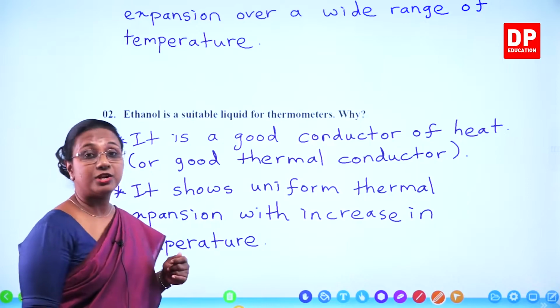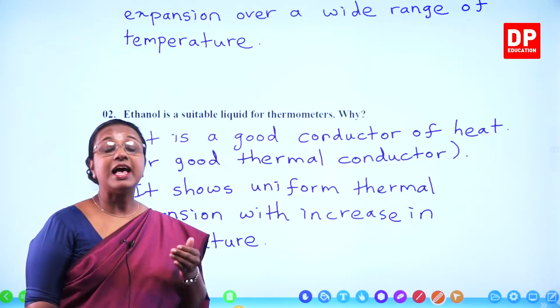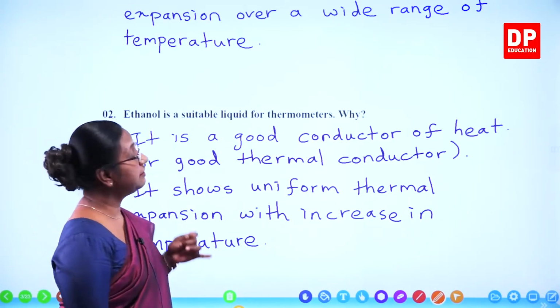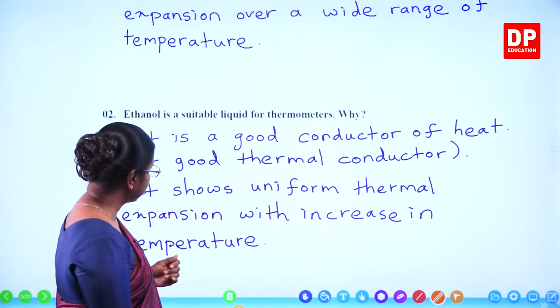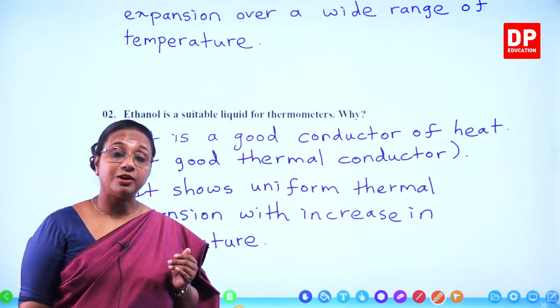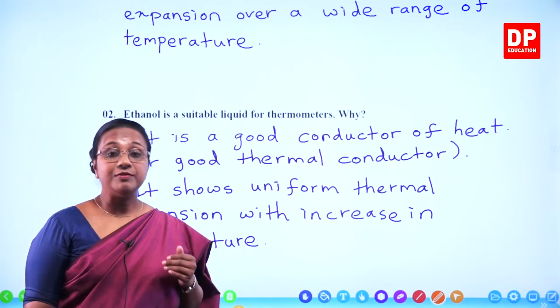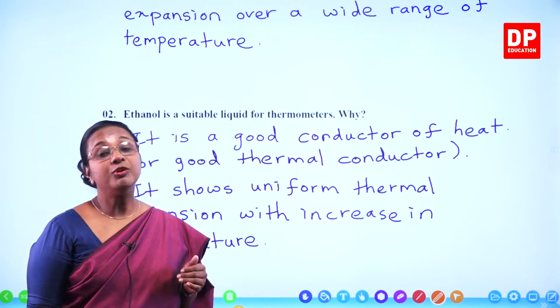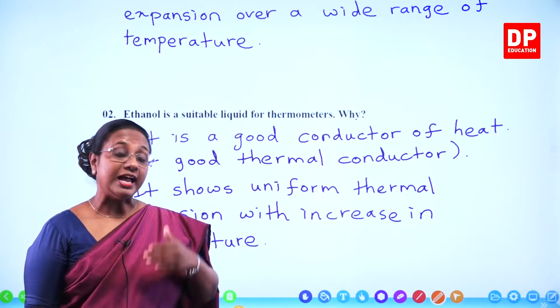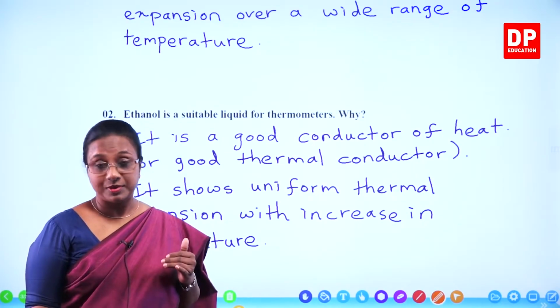So if we use ethanol, we call it the glass alcohol thermometer, and if we use mercury, we call it the glass mercury thermometer. And you all know when we use alcohol as the liquid for the thermometer, since it is a colorless liquid, you have to add a color so that it is easy to get the temperature reading.